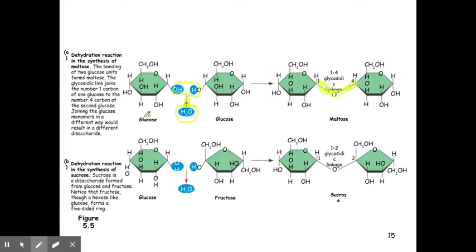So what we have here is glucose plus glucose equals maltose. And here we have glucose plus fructose equals sucrose. Sucrose is actually table sugar. So when you put some sugar in cooking or whatever that you have in your kitchen, that would be sucrose. But that's a really good example there of dehydration synthesis.